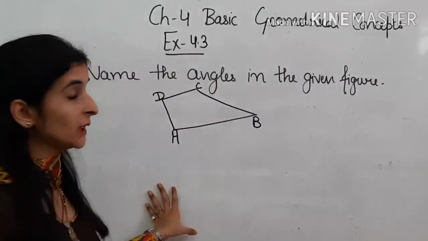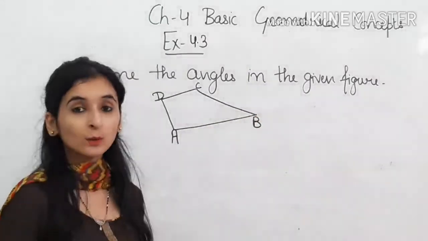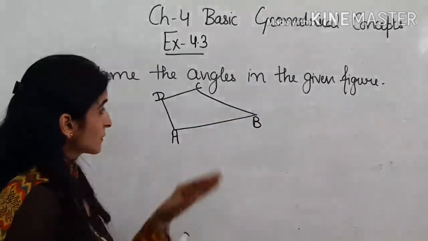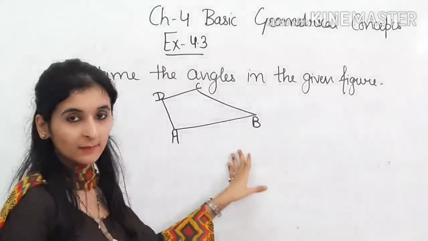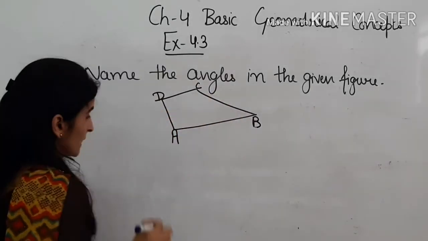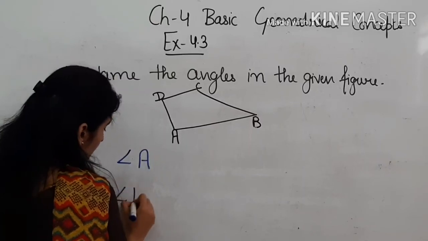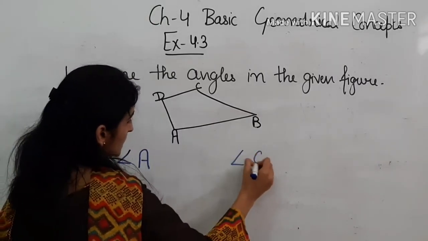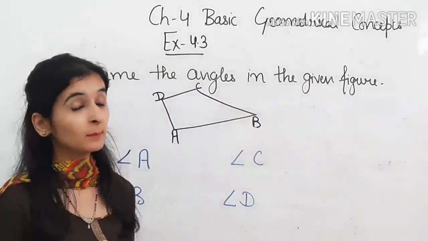So first question is, name the angles in the given figure. How do we name the angles? We can see from the figure itself that there are 4 angles: A, B, C and D. One method is to write angle A, angle B, angle C and angle D. But what is another method?